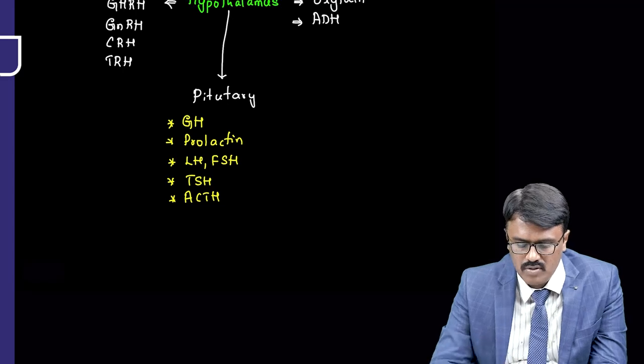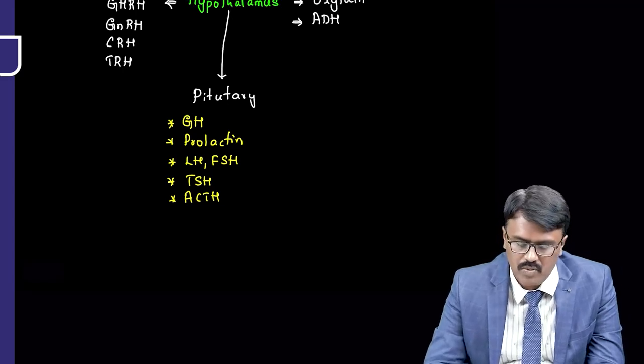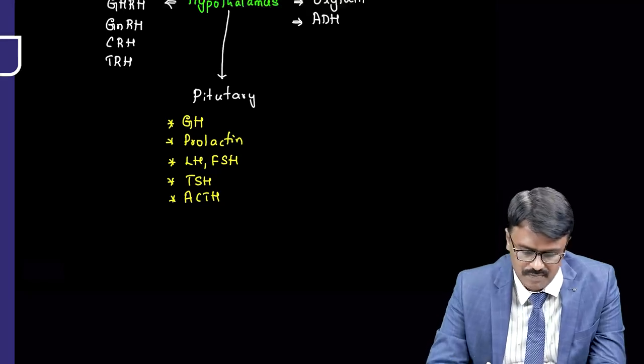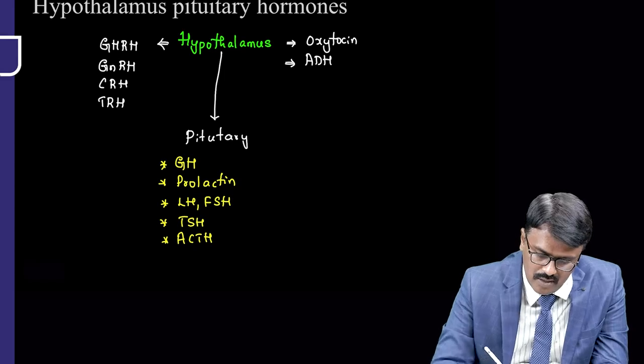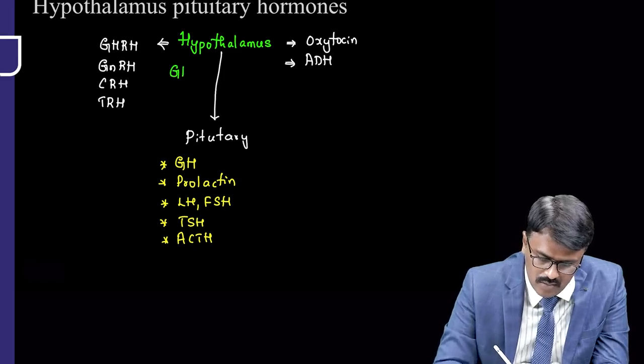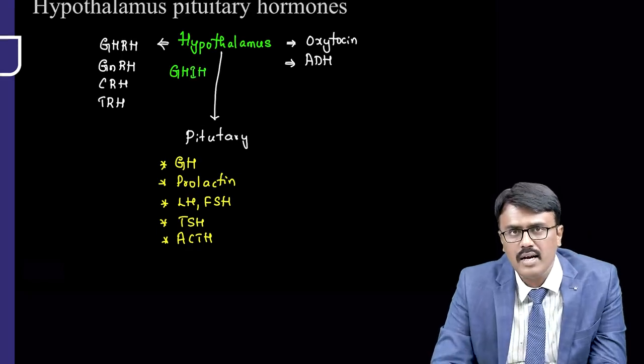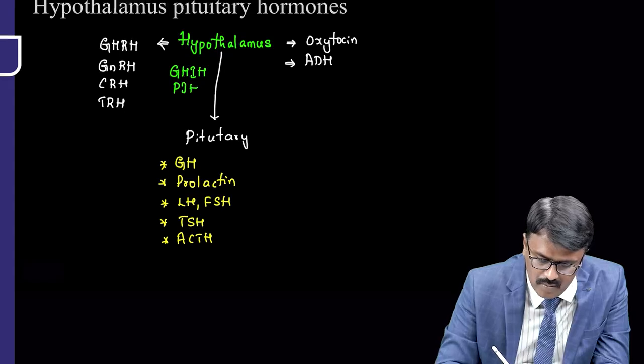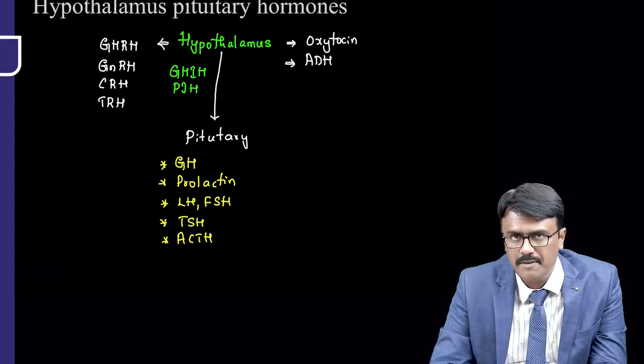These are the major hormones from the pituitary. Now, the hypothalamus also secretes one more hormone called growth hormone inhibitory hormone, which we also call somatostatin. And also we have prolactin inhibitory hormone, which is also called dopamine.